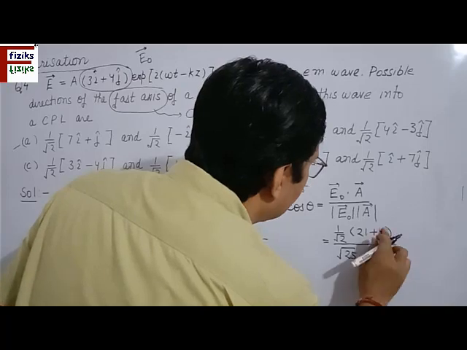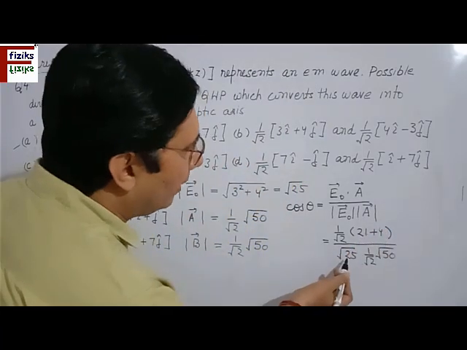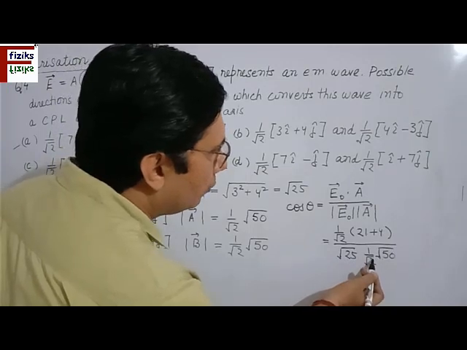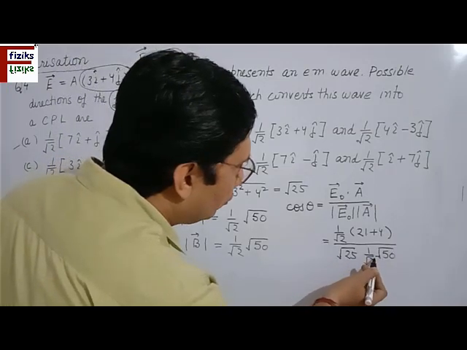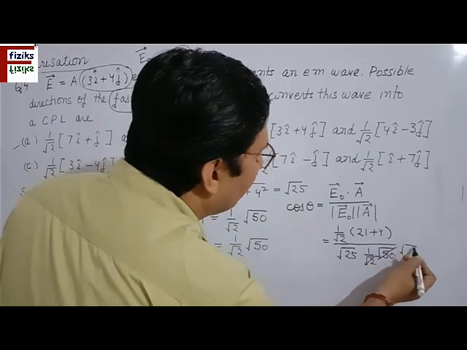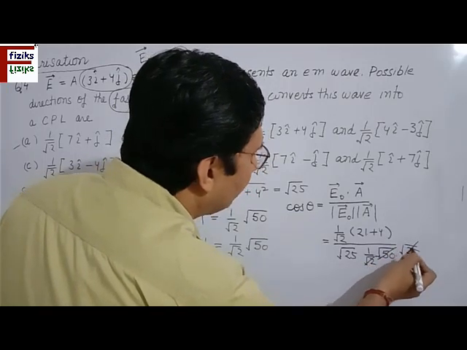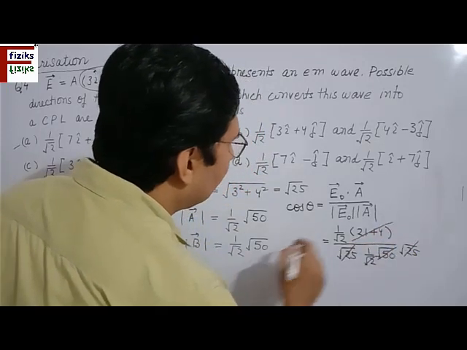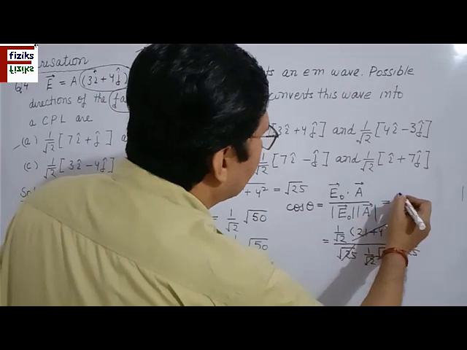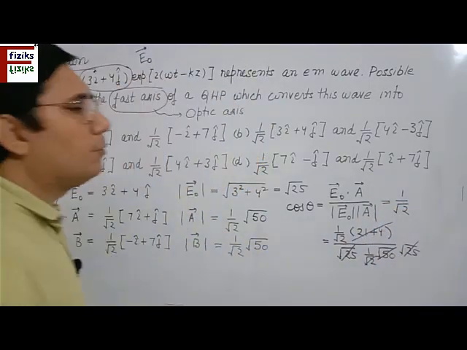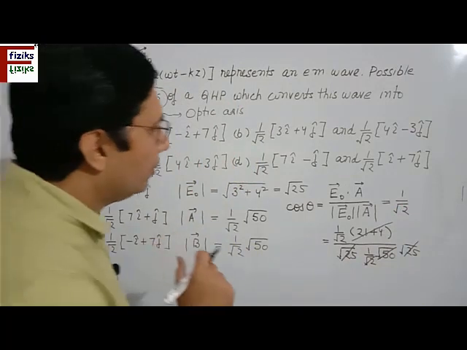The under root 25 in the numerator and denominator will cancel out. So this cos theta comes out to be 1 by root 2, and 1 by root 2 is equal to cos 45.